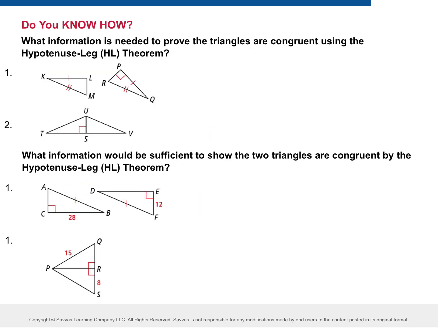Number 5, what additional information do we need or what is missing in order to use hypotenuse leg? FKL and then has a right angle. Right, KLM needs a right angle in there, okay? Number 6, remember, you can assume things if they are connected to each other. What can we assume on this one?